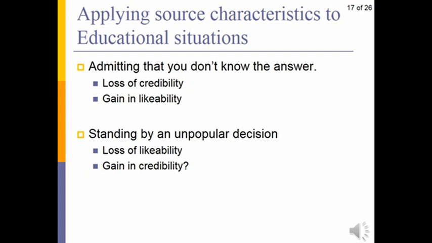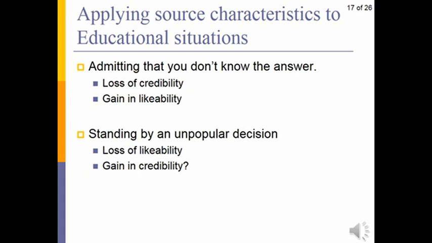There's a sort of mirror image of this decision when, as an educator, we're faced with defending or standing by an unpopular decision. So the teacher who has to defend why some policy is being enacted in the school, or who has to tell the students that they have to do something they don't want to do. How do you do that? How do you present that?